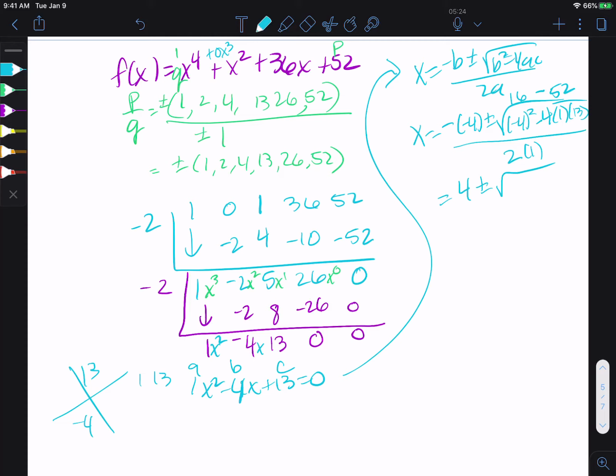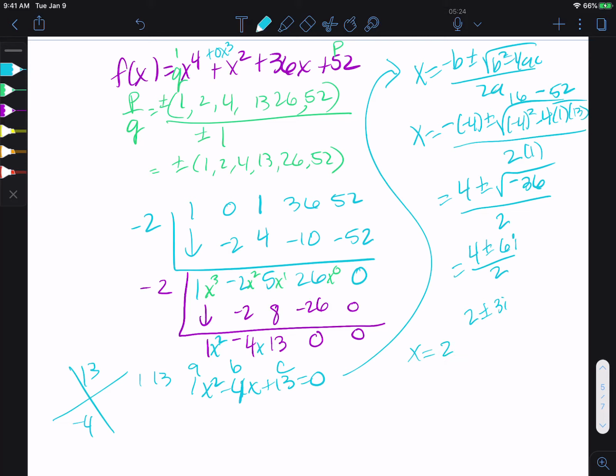So then I'm going to do 16 minus the 52, which gives us -36, all over 2 times 1, which is 2. Now remember, when you have a negative underneath the root, that it turns into an i. Right? So we get 4 plus or minus 6i over 2, but I can divide each of those by 2. So 2 plus or minus 3i is our final answer.